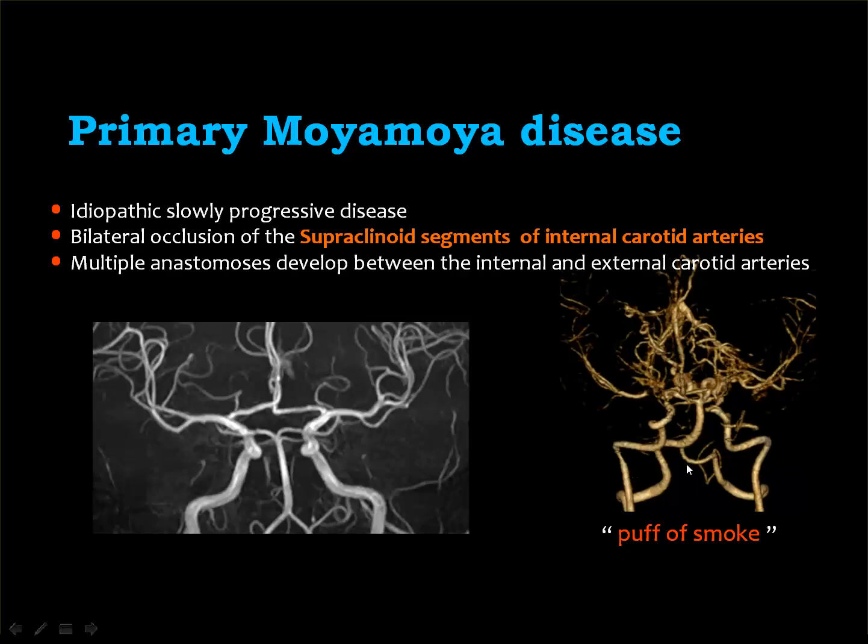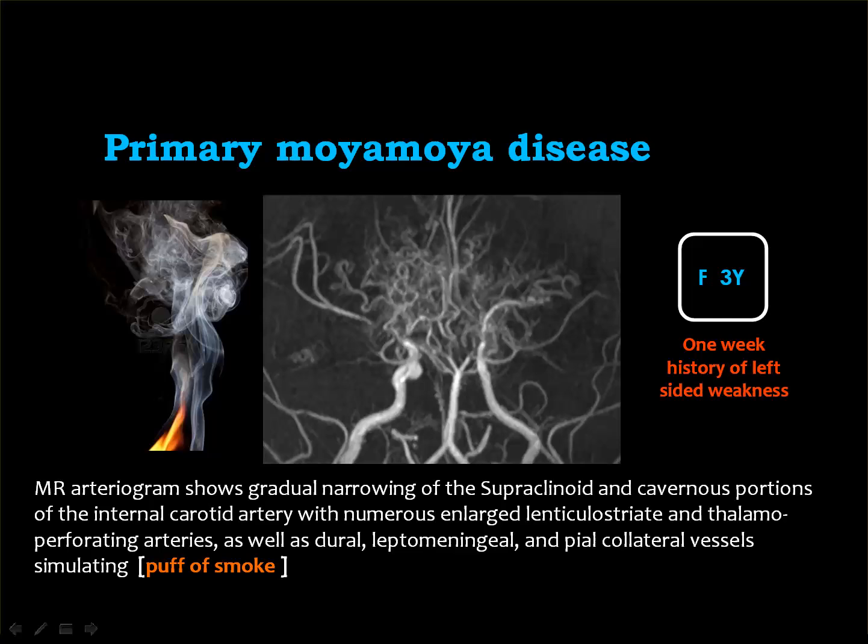And this is the appearance of Moya-Moya disease, and this is the normal appearance. You see the internal carotid, middle cerebral, anterior cerebral. But here you see the internal carotid, but you don't see other branches, and you see instead a collection of perforating vessels, which is known as the puff of smoke, like this one.